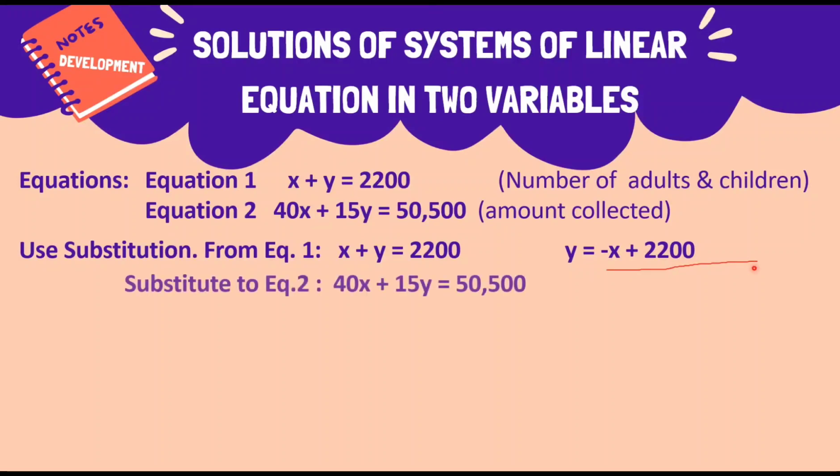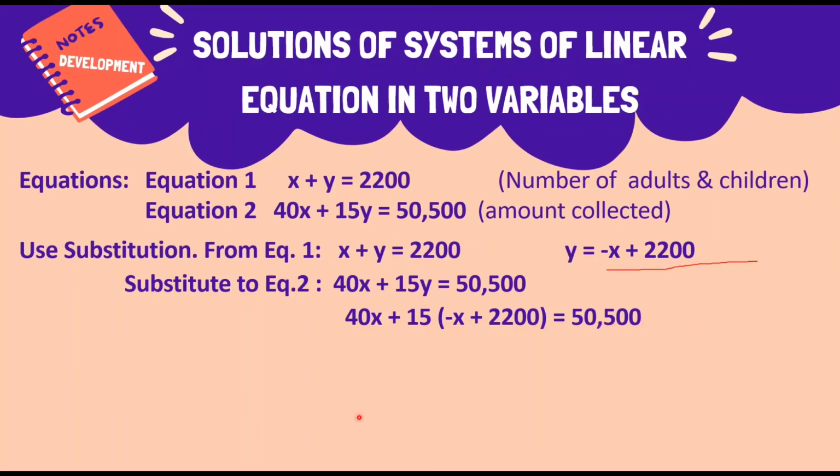So the next step, syempre, we need to substitute the value of y, which is negative x plus 2,200, to our second equation, which is 40x plus 15y is equal to 50,500. So let us substitute. 40x, kinapi ko lang to, plus 15, sinubstitute si negative x plus 2,200 sa value ng, or dito sa ating y, variable. So it becomes plus 15 times negative x plus 2,200 is equal to 50,500.